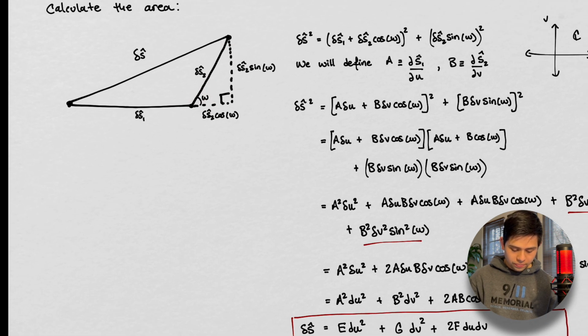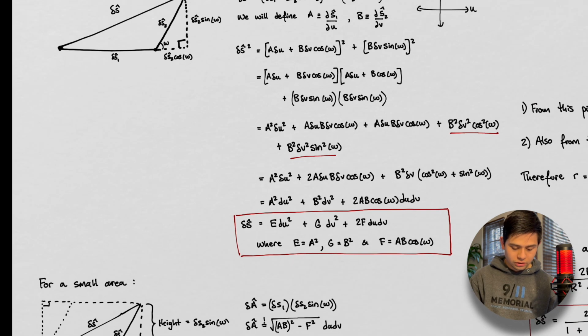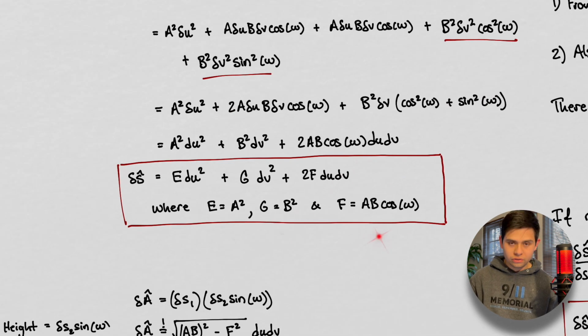So if whatever argument you put into this cosine turns out to be 0, so if this ends up being 90 degrees, you can imagine if the omega is 90 degrees, then the delta S1 and delta S2 are going to be orthogonal to one another, and that means this is going to go to 0.